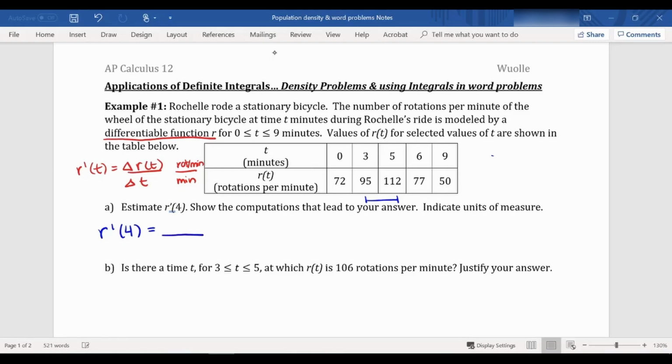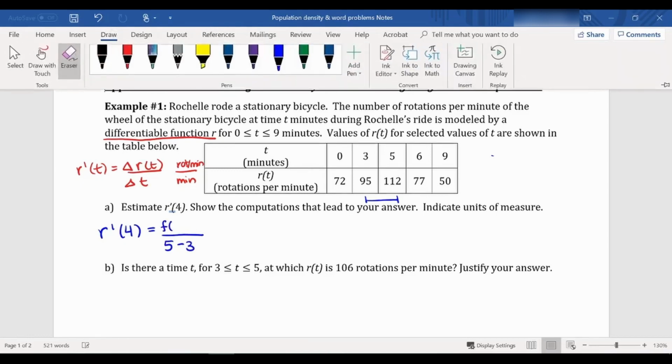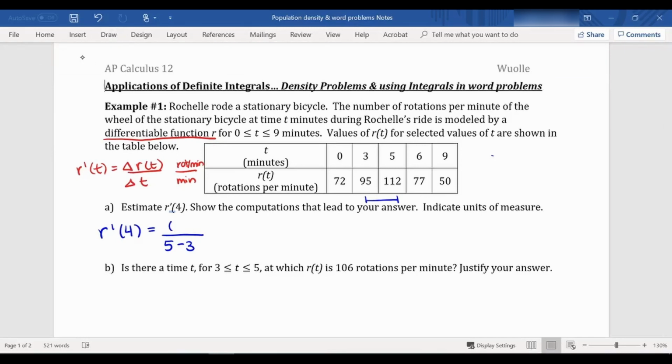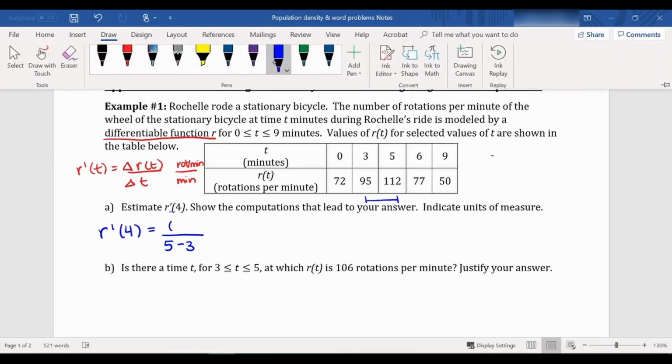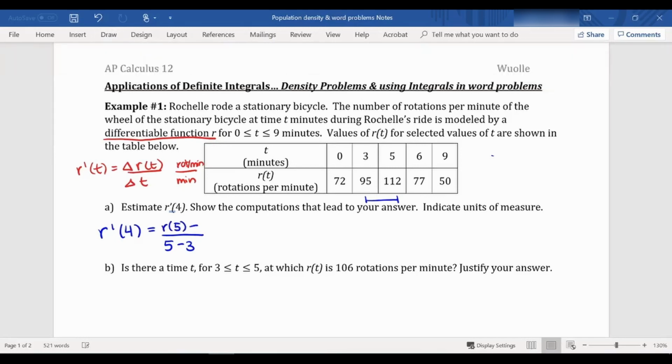So this means that on the bottom, my delta t would be 5 minus 3. On the top, I would have r of 5, not f. So used to using f. R of 5 minus r of 3. So r of 5 is 112, r of 3 is 95, 5 minus 3 is 2. This gives us 17 over 2, or 8.5.